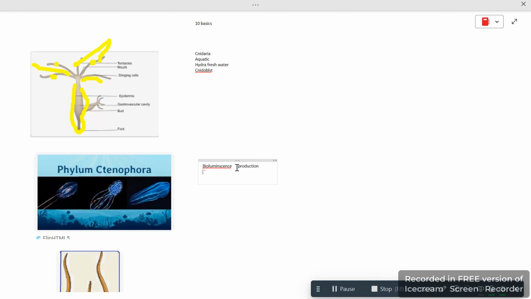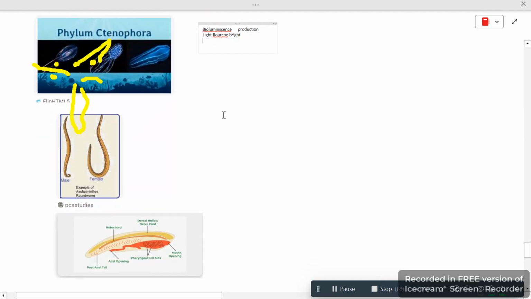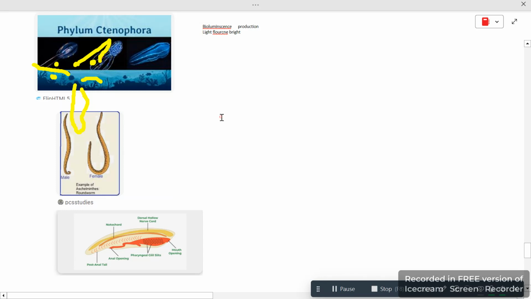Simply we can call this light fluorescence and the bright colors which they have. So it is the production or emission of light by a living organism. This was only about this phylum, if I'm not pronouncing it wrong.